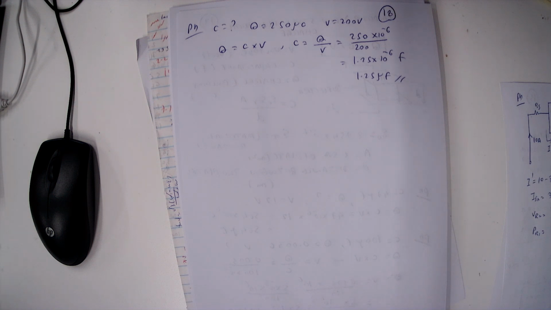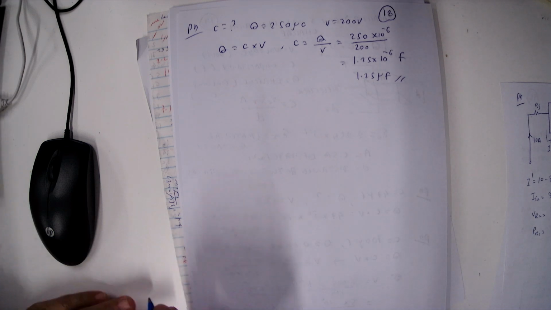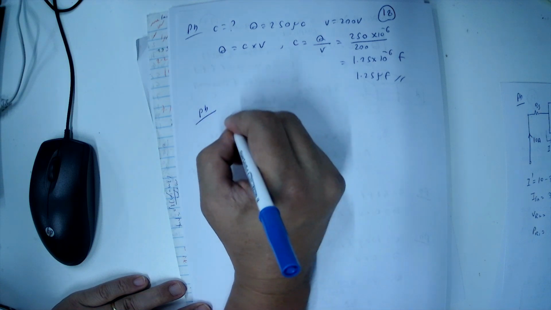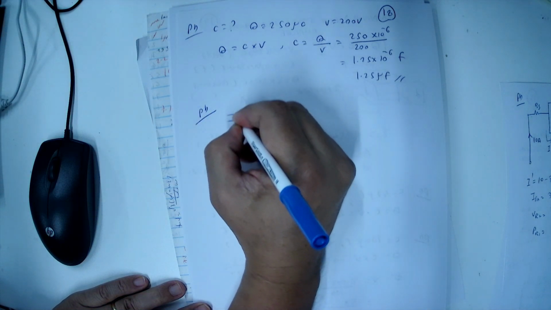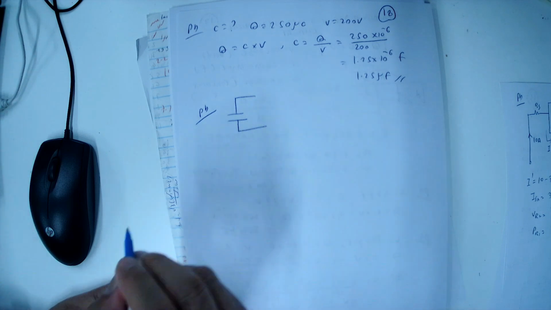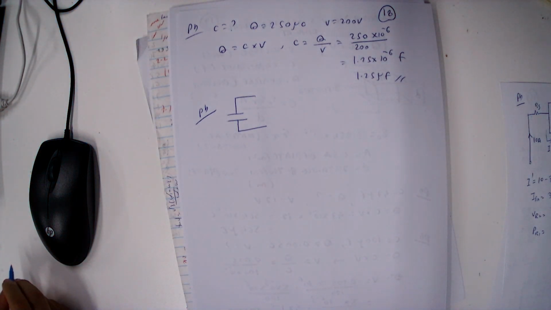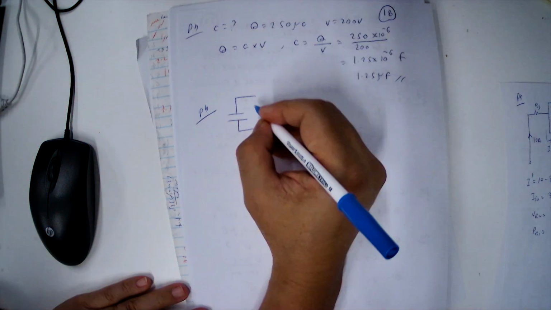The next one. A capacitor stores the charge 15 microcoulomb connected to the 10 volt supply. So that will be the next problem. The capacitor is connected to the electrical supply, V is 10 volt.